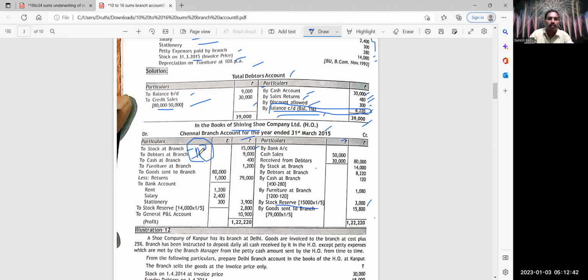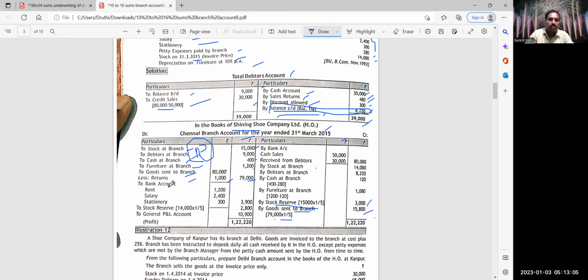Now see, opening debtors 9,000, opening cash 400, opening furniture 1,200. These are opening assets. No opening liabilities. Now goods sent 80,000, returns 1,000, so 79,000. Even for this 79,000 there is stock reserve, there is a profit: 79,000 into 1 by 5, 15,800.